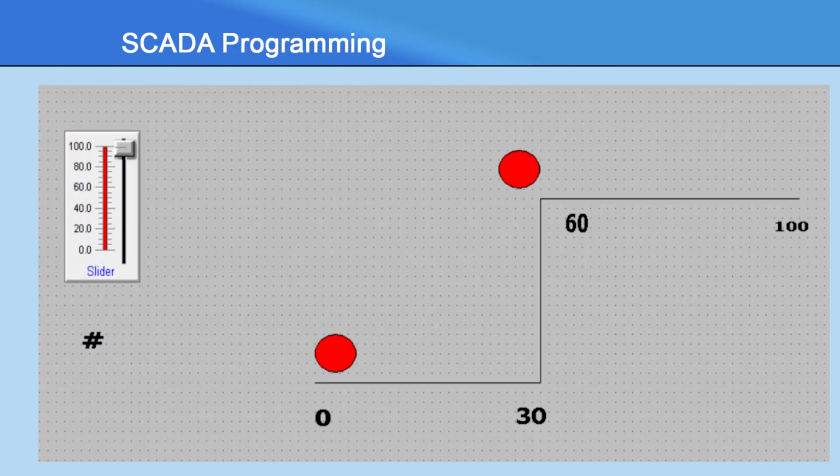In this class we will go in depth into basic SCADA programming in our lecture part 2. Here we will take another example. As you can see in the figure, we want our ball to move in the stair form, starting from 0 to 30 horizontal, then from 30 to 60 vertical, then again from 60 to 100.